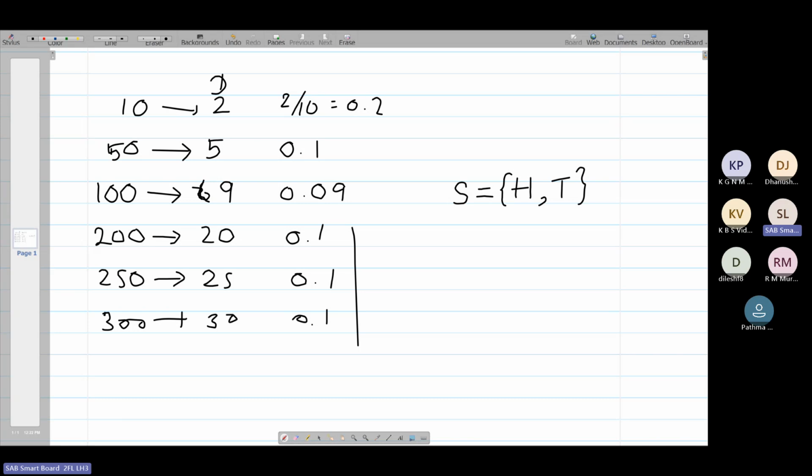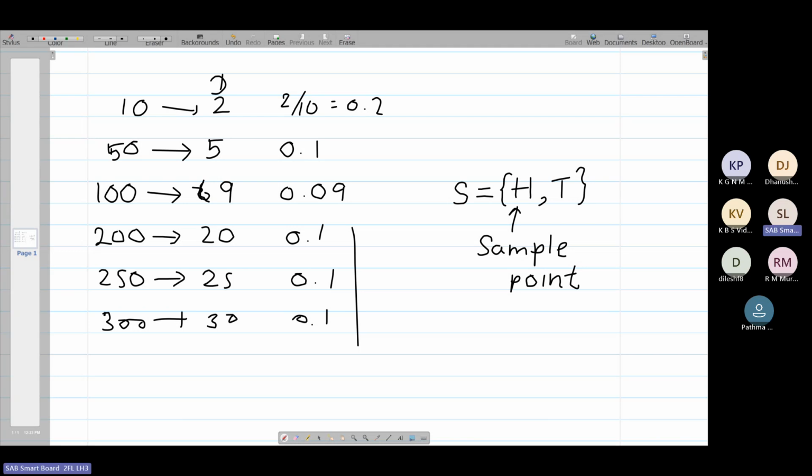Other thing is, in here, two outcomes, no? Then one outcome we call a sample point. Here, how many sample points? 2. Rolling a dice, how many sample points? 6.